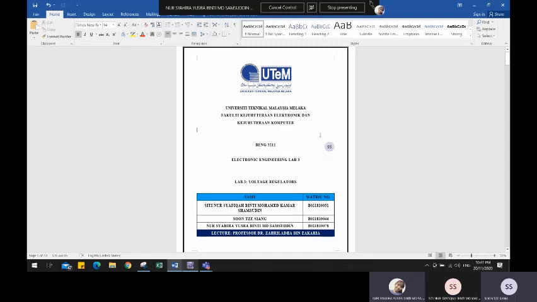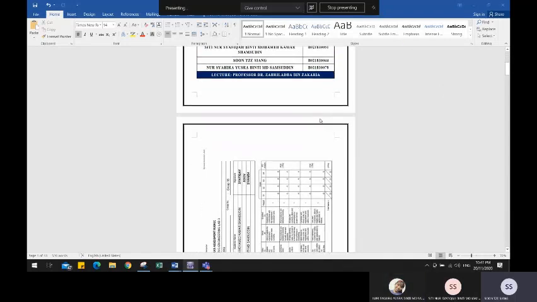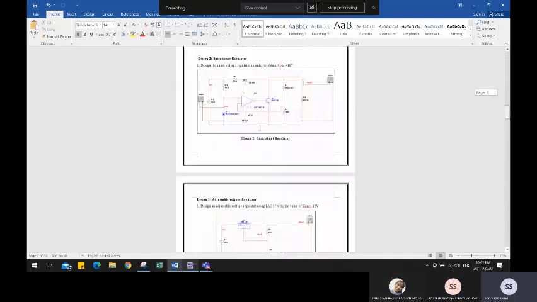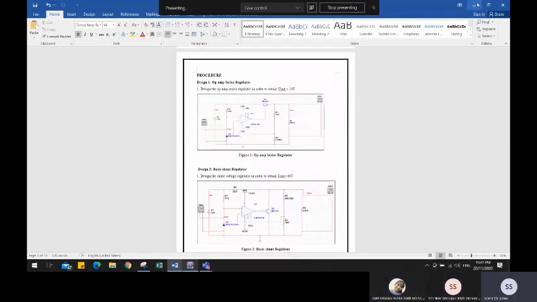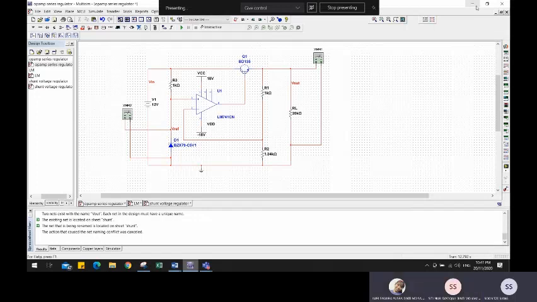So thank you, Shahira. First, we would like to design the op-amp series regulator. Open Multisim. So this is an op-amp series regulator. We connect this circuit based on the lab sheet, using the LM741CN and the Zener diode BZX79C5V1.